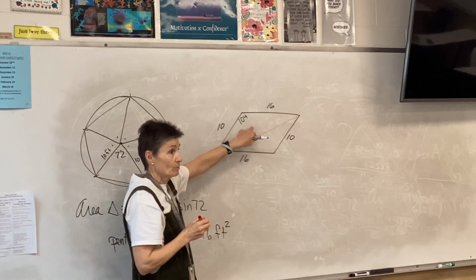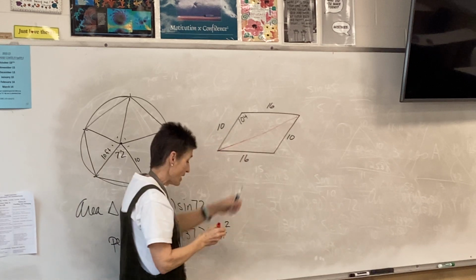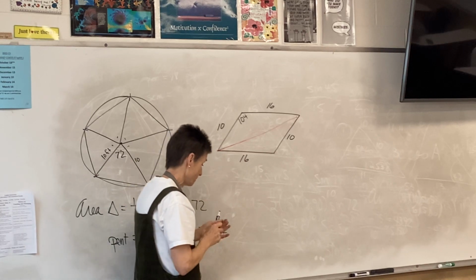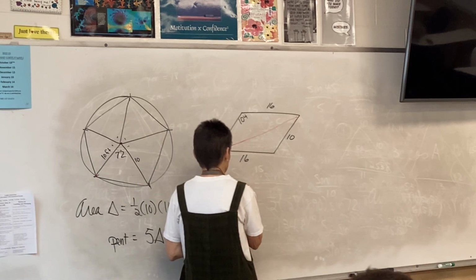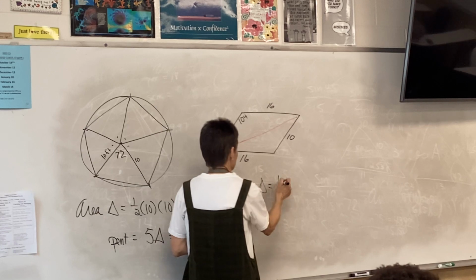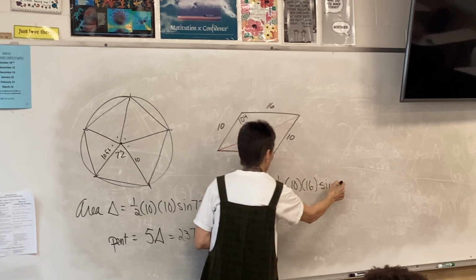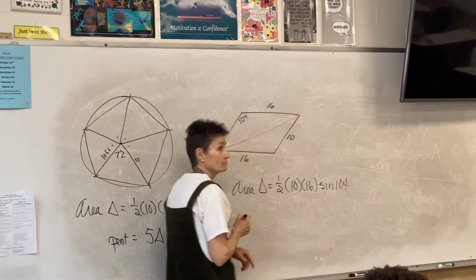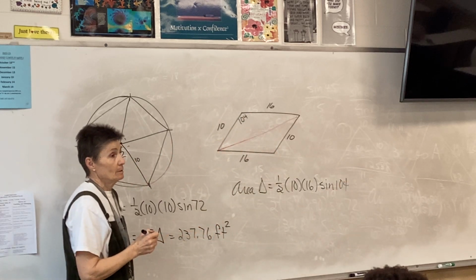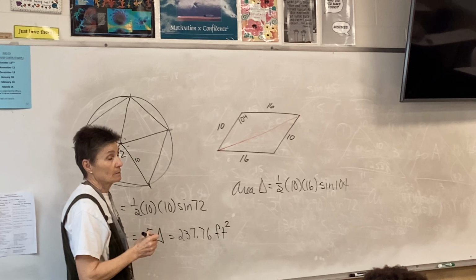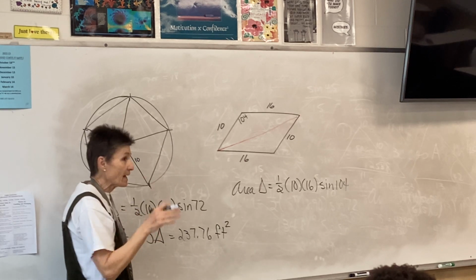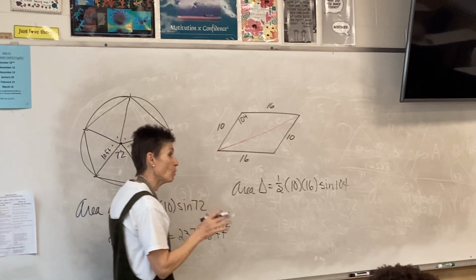There's a triangle, would you agree with me? And the area of that triangle is 1/2 times 10 times 16 times sine 104. So I can get that number, but that isn't the answer to the question.